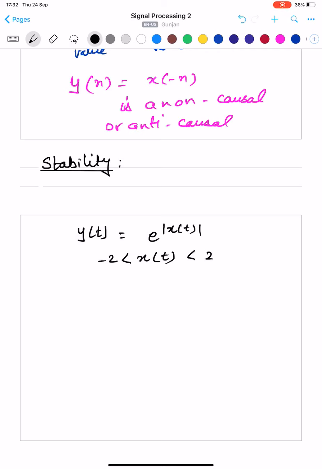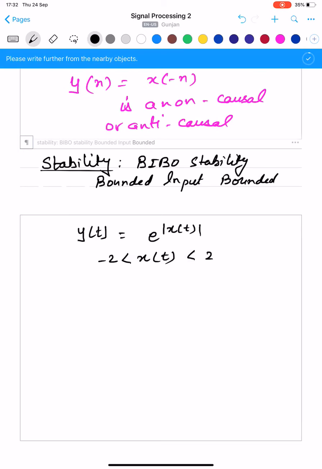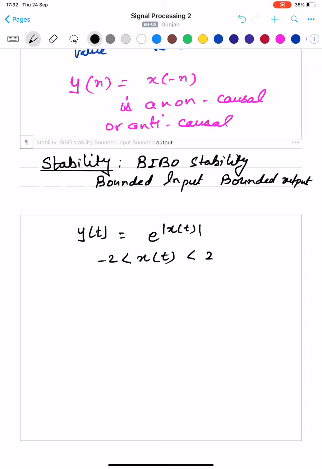So we call it BIBO stability, which is bounded input bounded output. If we are applying an input which is bounded, then my output should also be bounded.